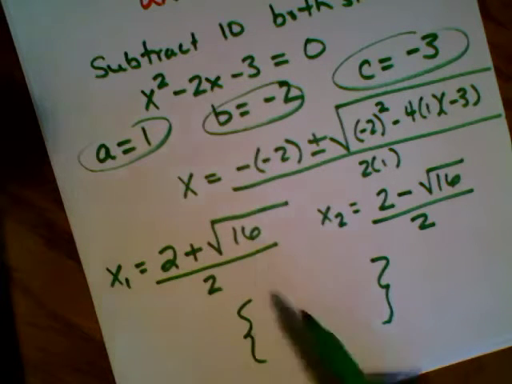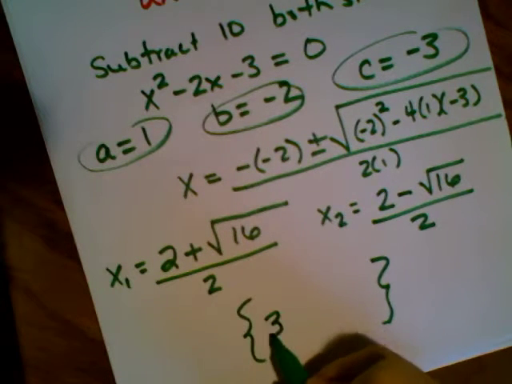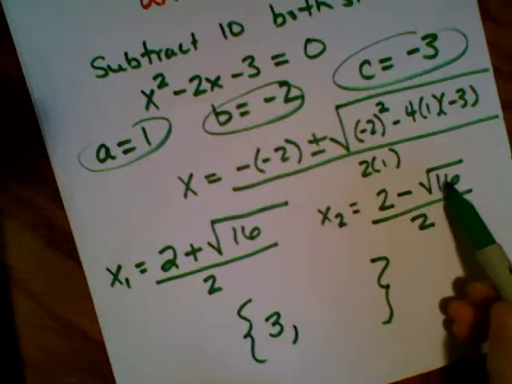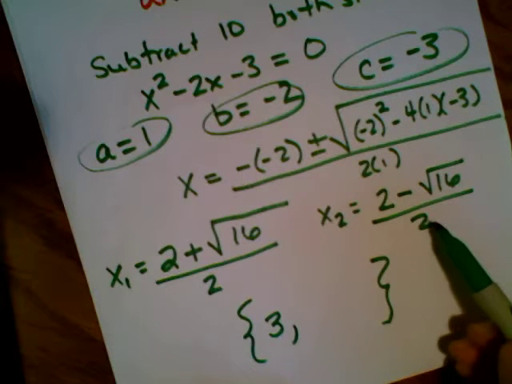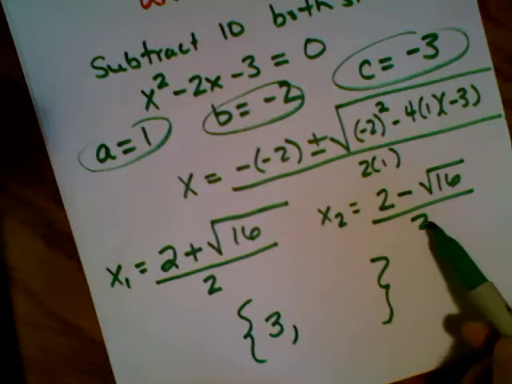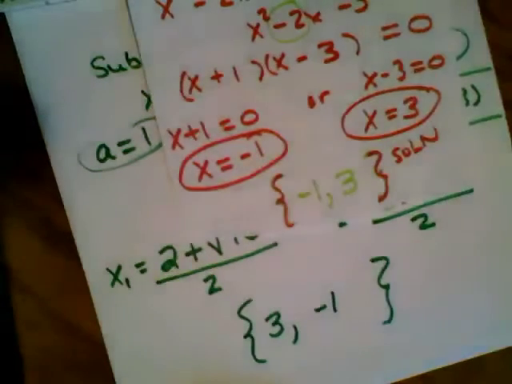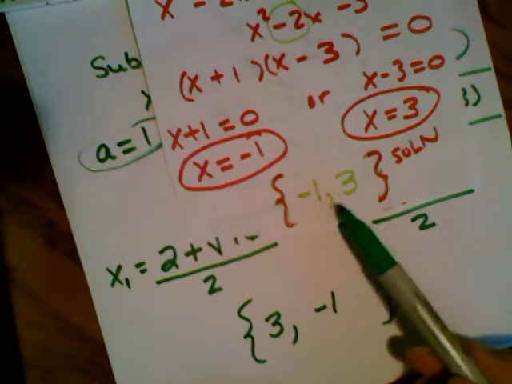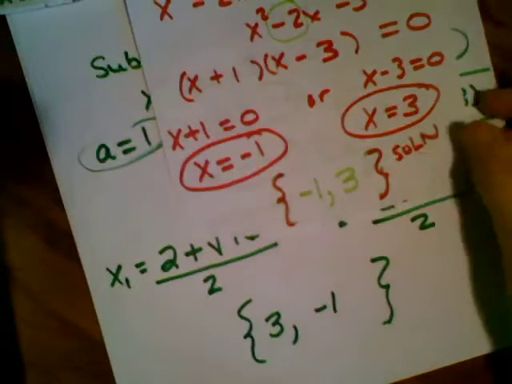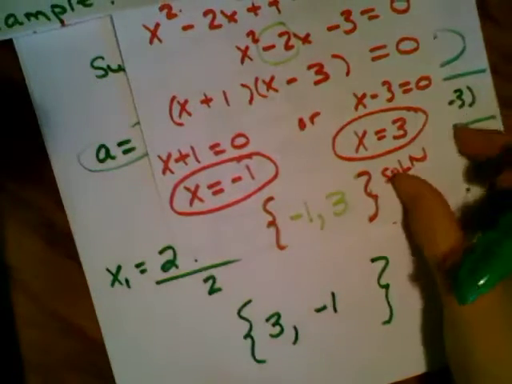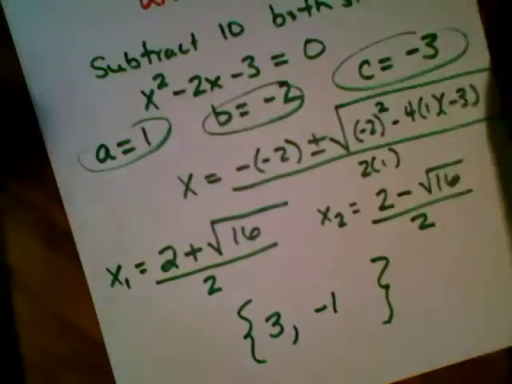Okay, 2 plus 4 is 6. 6 divided by 2 is 3. 2 minus 4 is -2. -2 divided by 2 is -1. Okay, so that does agree, though we listed the solutions differently, in a different order, with our factoring strategy.